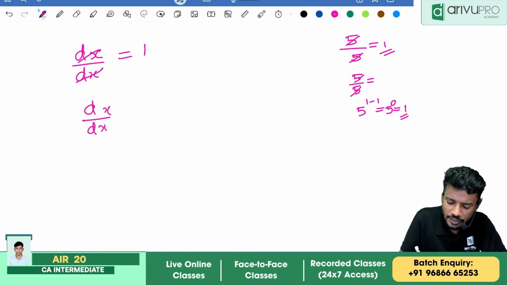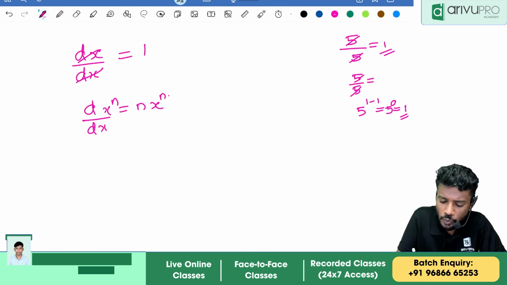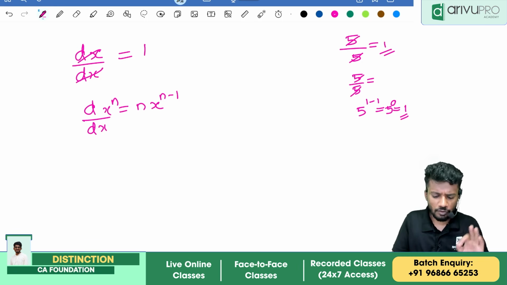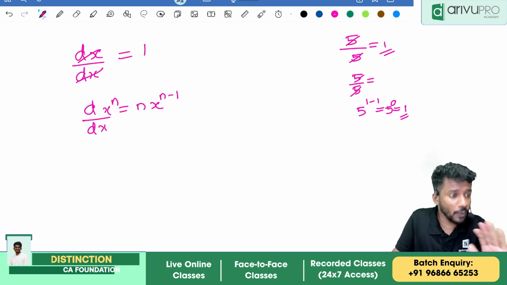In the case of dx by dx, there is a general term for d by dx of x raised to n. Do you know that? d by dx of x raised to n is nothing but n x raised to n minus 1. That is the general way of writing the derivative of x raised to any power with respect to x.